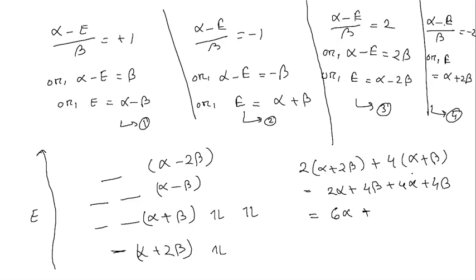I think it should be... we are calculating the total energy, na. I will check this. I think I made some mistake, but these things are okay. 4 beta and 6 beta. I'll check this again and let you know in the next class.